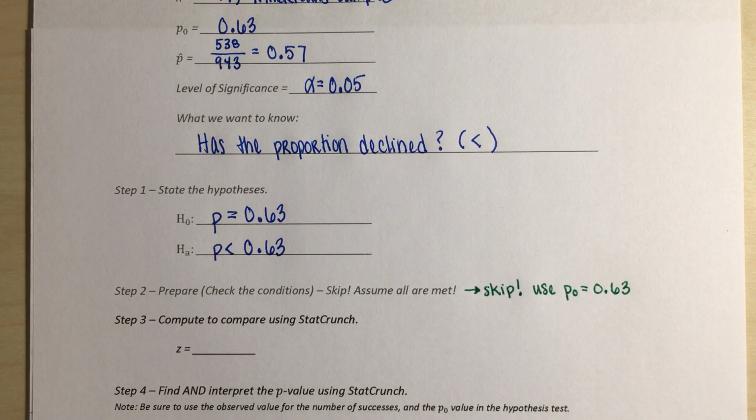All right, then we're going to compute to compare using StatCrunch. So when we're using StatCrunch and we do our computation, again, we're going into Stat, Proportion Stats, One Sample with Summary.